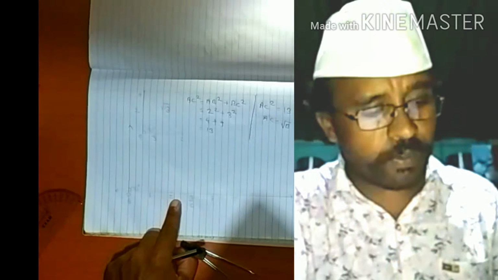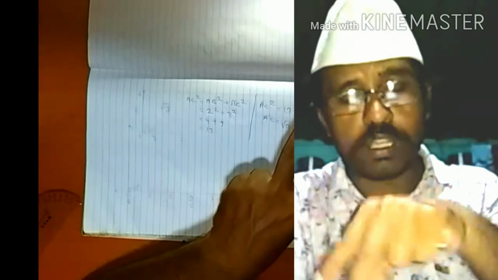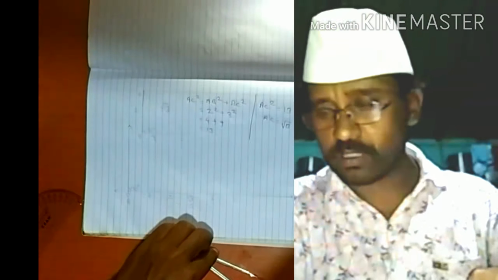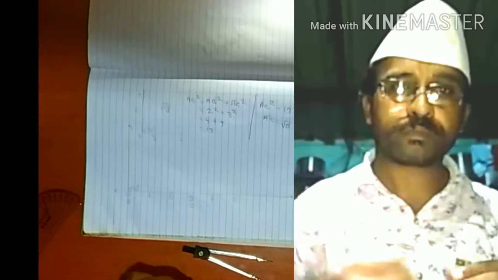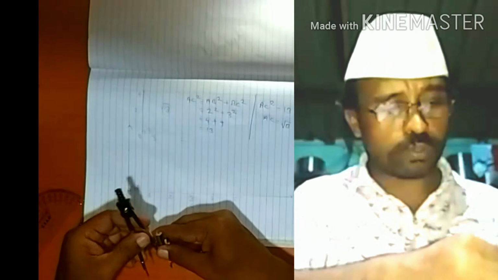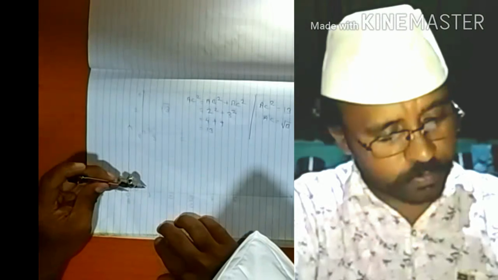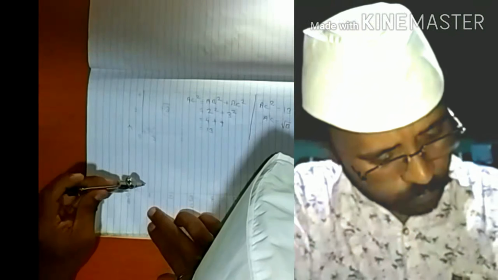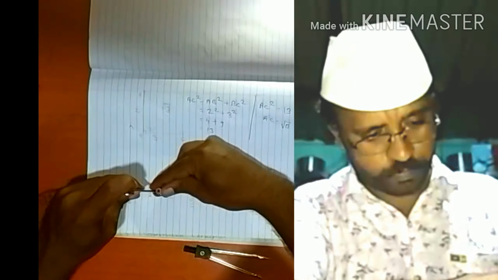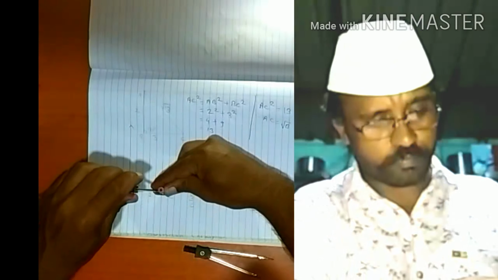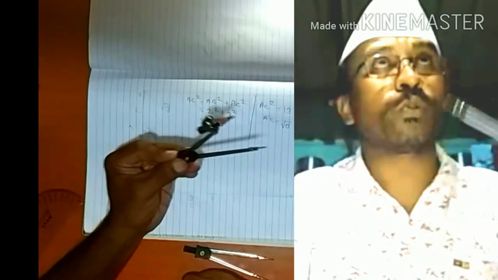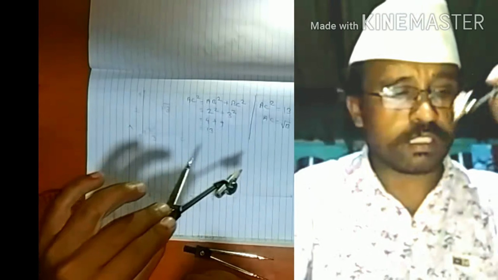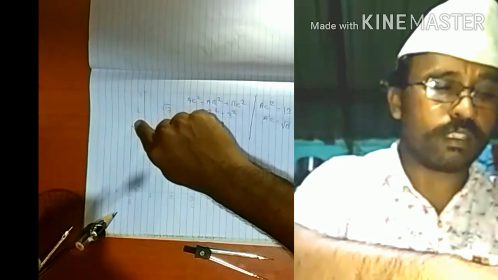So 2 units we can find, from 0 to 2 is 2 units. So let's take that much distance in compass. This much is the 2 unit distance. This distance we require on this ray.